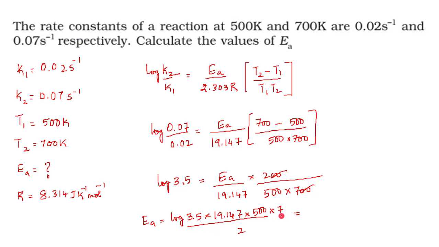So you have to find the log value of 3.5. The log value of 3.5 is equal to 0.544.